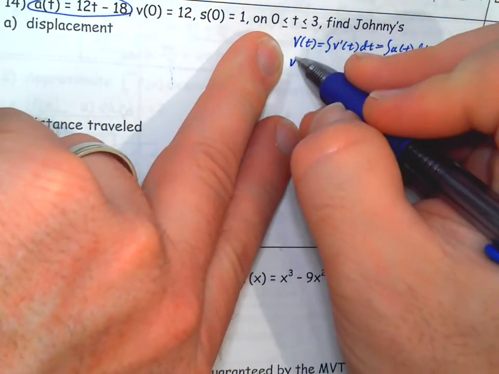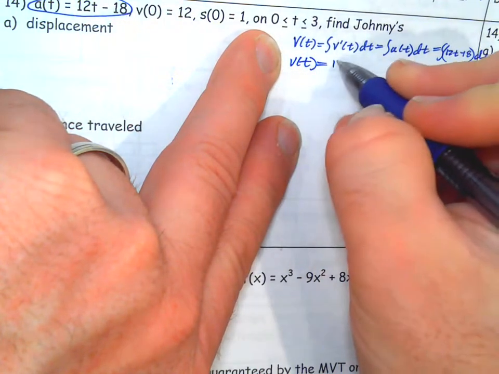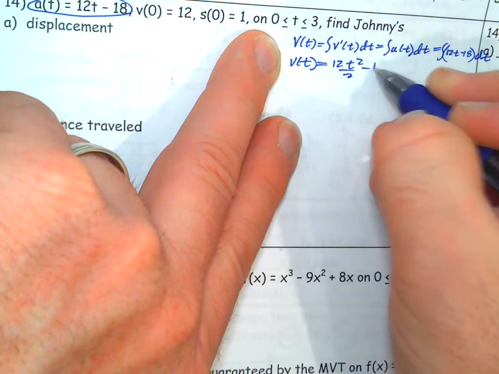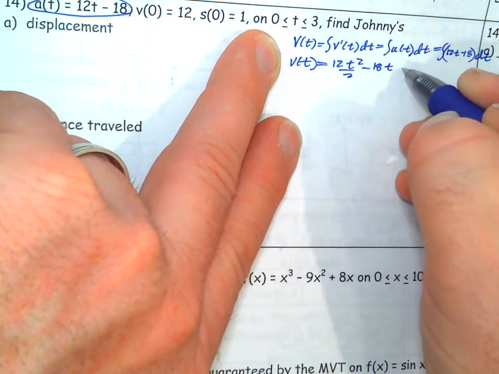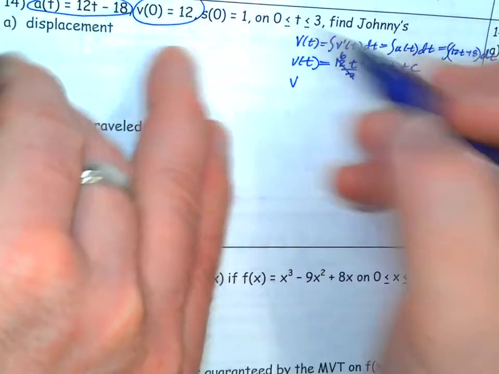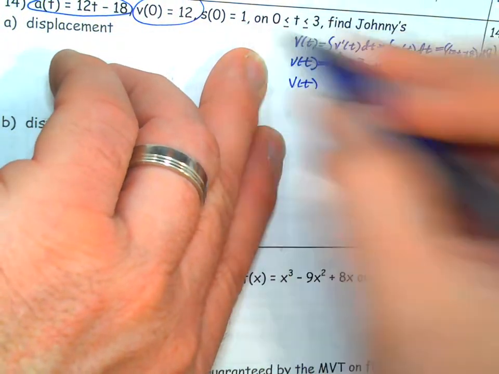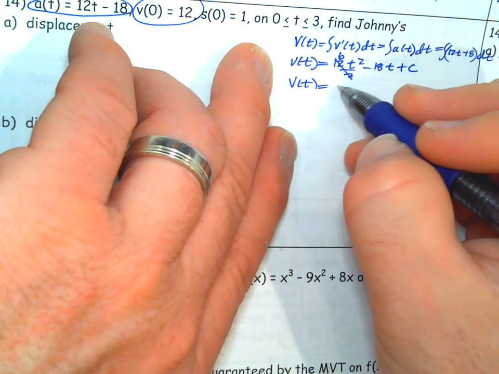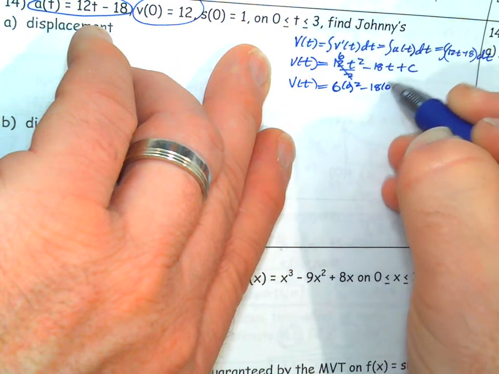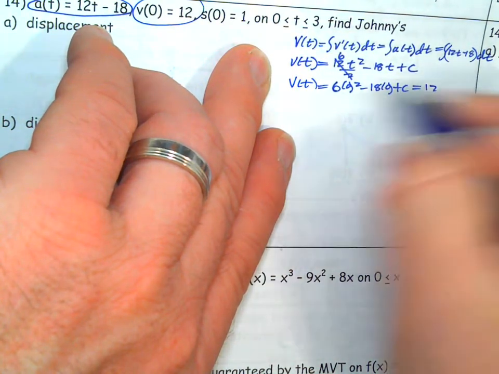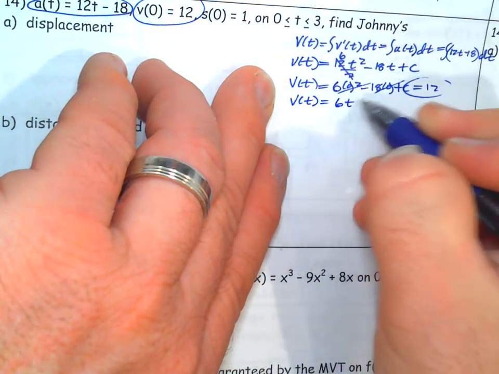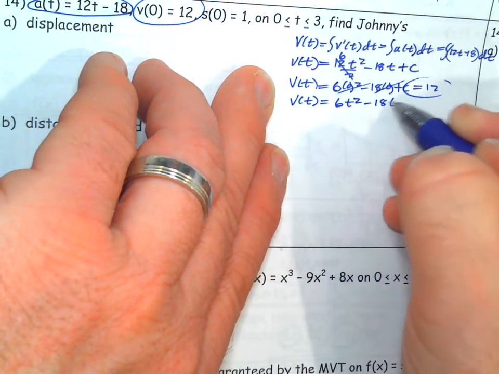And so then v of t equals 12t squared over 2 minus 18t plus c. We've got to find the c value. We have the initial condition here. I don't think we need to find the position function. I mean, that's one way to do it, but 6 times 0 squared minus 18 times 0 plus c equals 12. C equals 12. So the velocity equation is 6t squared minus 18t plus 12.